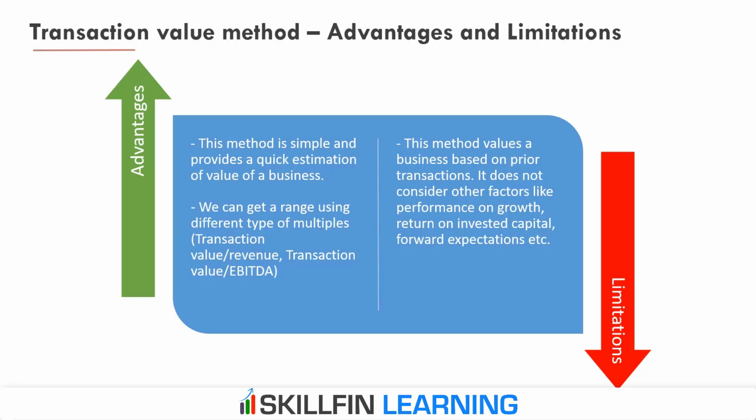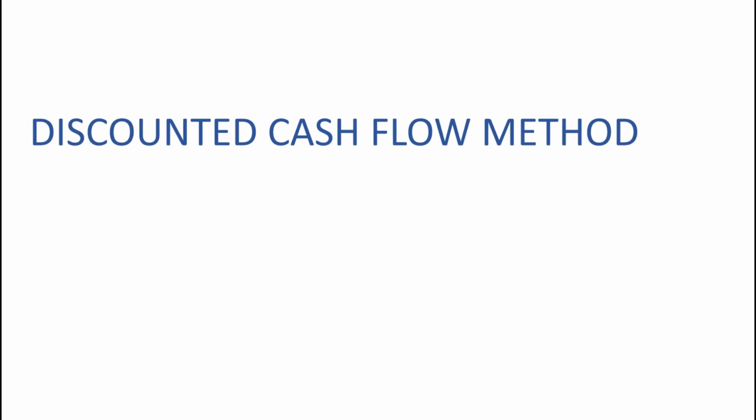It does not consider other factors like performance on growth, return on invested capital, forward expectations, etc. Also, it may not be easy to find similar type of recent or past deals.